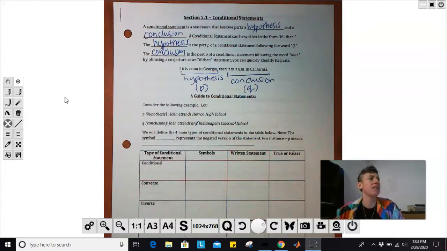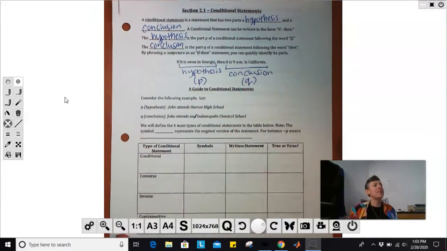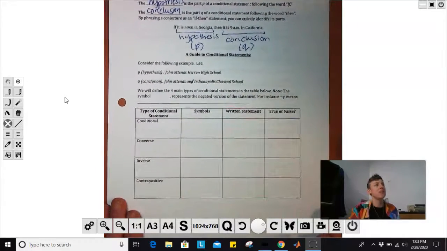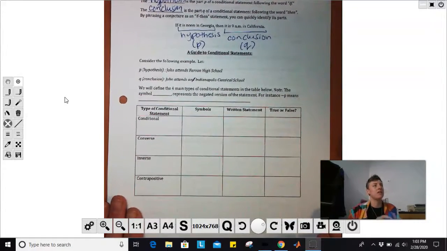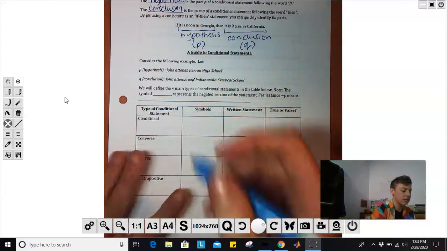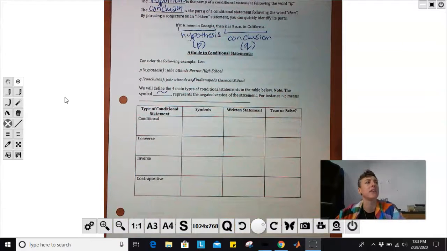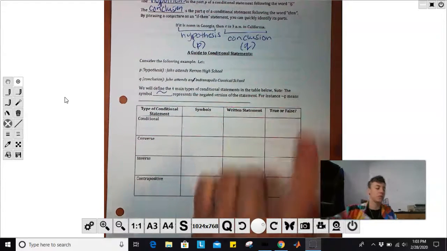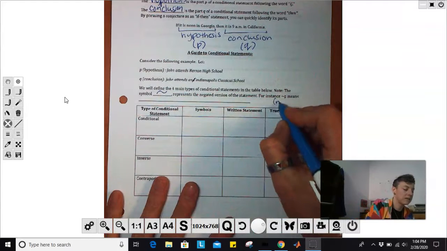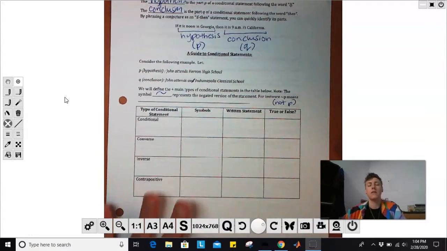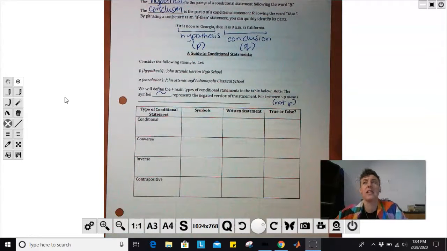We're going to identify and define the four main types of conditional statements, so the four main if-then statements we can make. Note, we're going to use the symbol tilde, and that'll represent the negated version of the statement. So, for example, this tilde P, which we'll read as not P, will be the negated version.